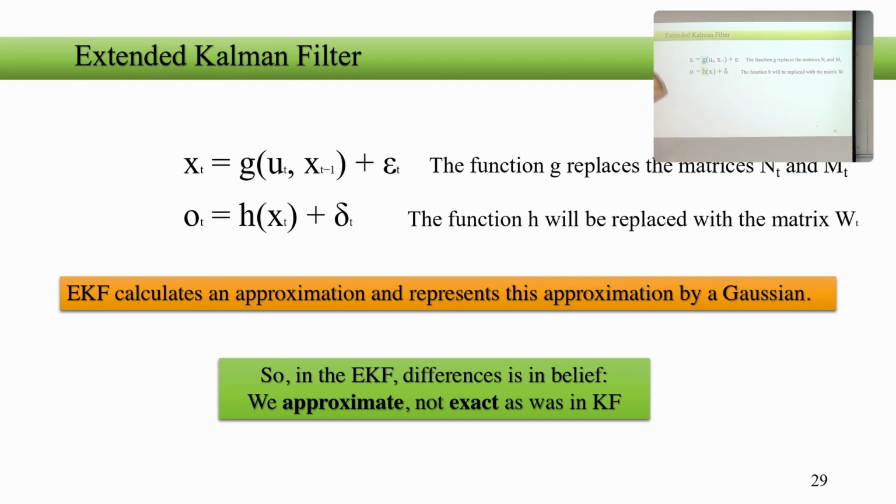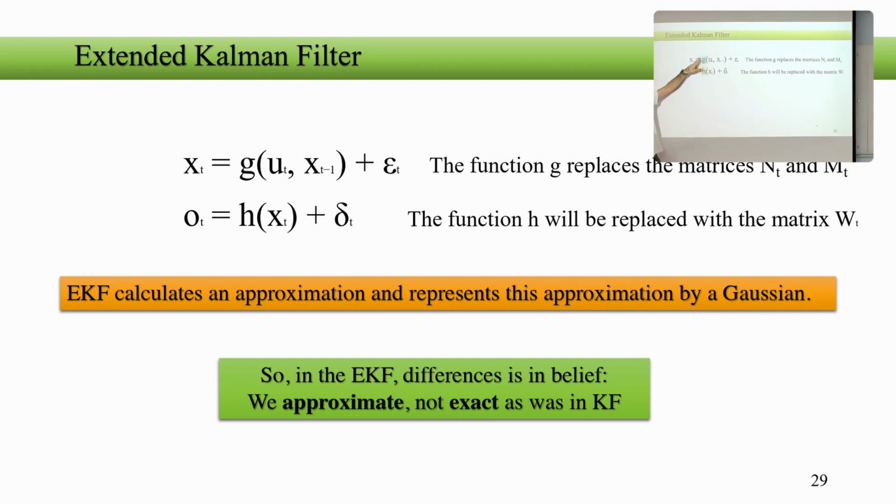If you remember, we used the matrices N, M and W in order to have a representation of the linear estimation of the environment. Now we want to replace them with a function g that does exactly the same thing, but can get the nonlinear model, can get the non-Gaussian distribution.